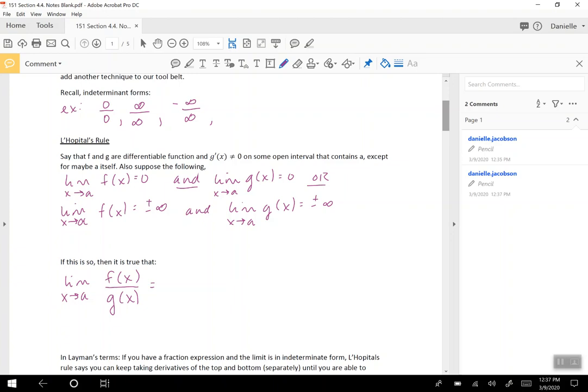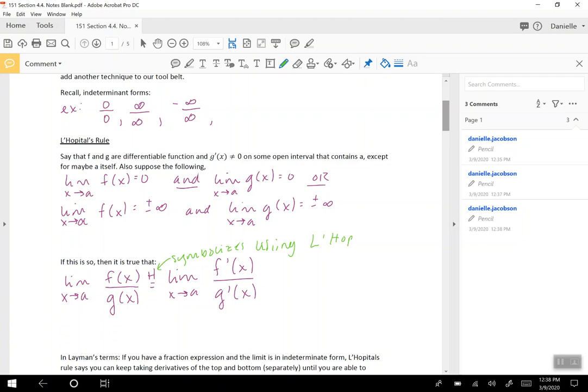So really what this is saying is, if we have indeterminate form, then when we use L'Hopital's rule, so we mark this with a little h, I'll write that in a minute, this is equivalent to the limit as x goes to a of f prime of x over g prime of x. Okay, so I'm going to write this in here. This symbolizes you're using L'Hopital's rule.